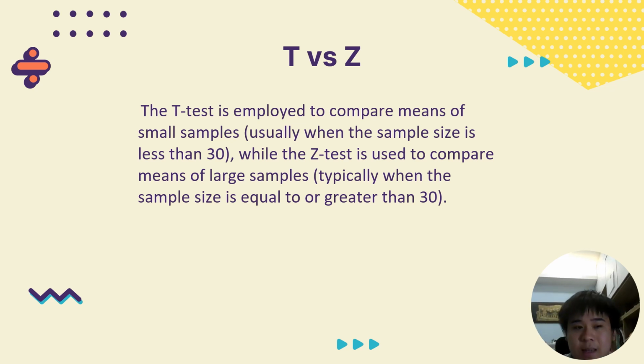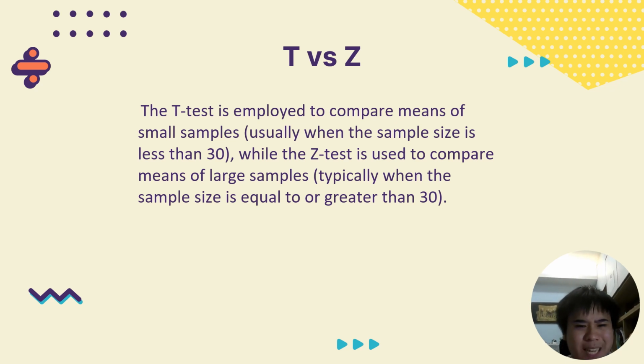Now, super important, t versus z. A z-test is used if the population variance is known, or if the sample size is larger than 30 for an unknown population variance. If the sample size is less than 30 and the population variance is unknown, we must use the t-test.